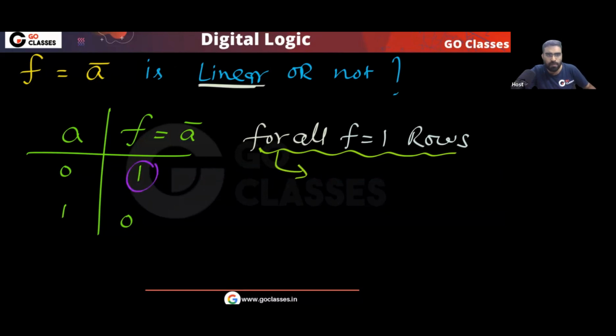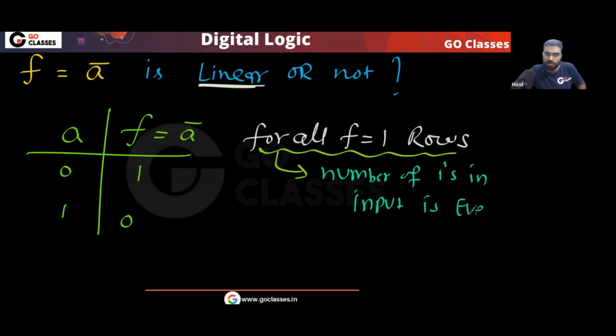This is the only row where f equal to 1. How many ones are there in the input? There are 0, that is even. So the number of ones in the input is even. Is this clear?